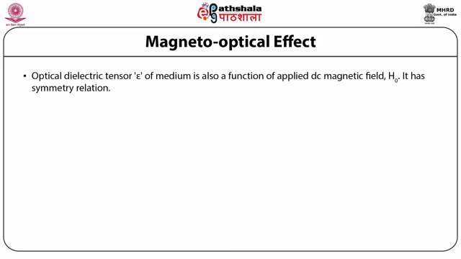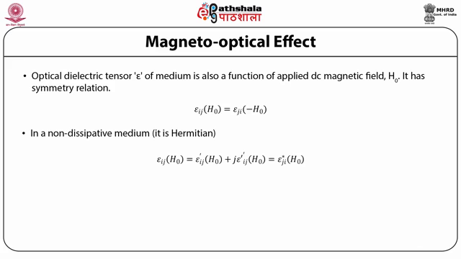The optical dielectric tensor epsilon of the medium is also a function of the DC magnetic field H0, which has a symmetry relation as ε_ij(H0) equal to ε_ji(−H0). In a non-dissipative medium, it is Hermitian. That is, ε_ij(H0) equal to ε_ij'(H0) plus j ε_ij''(H0), equal to ε_ji*(H0).